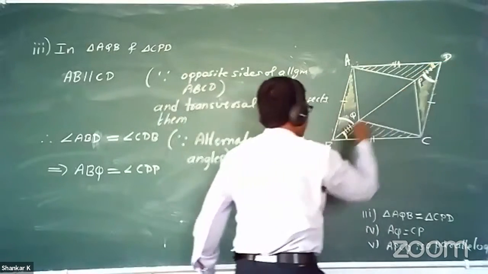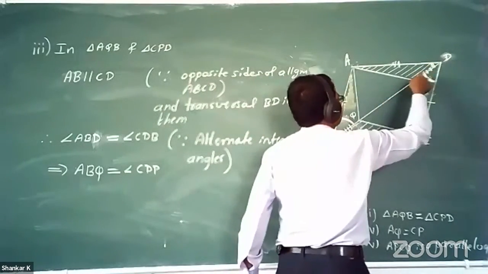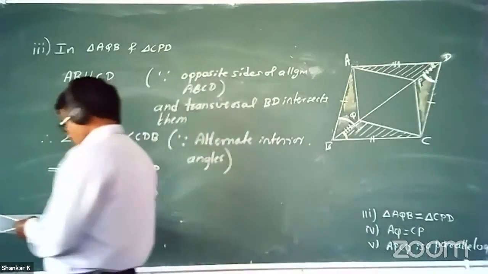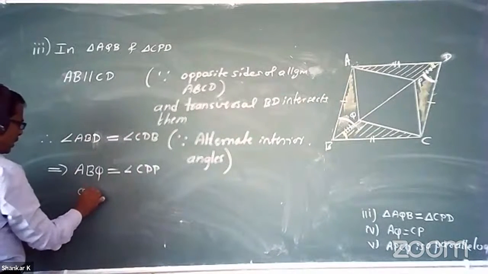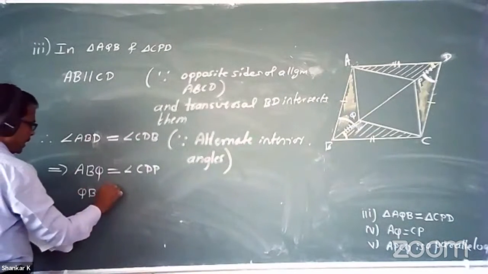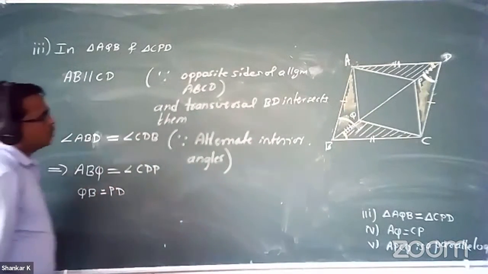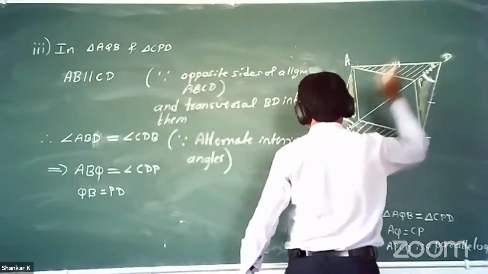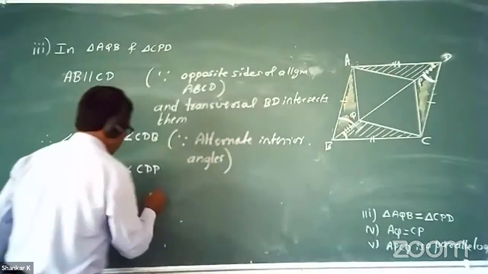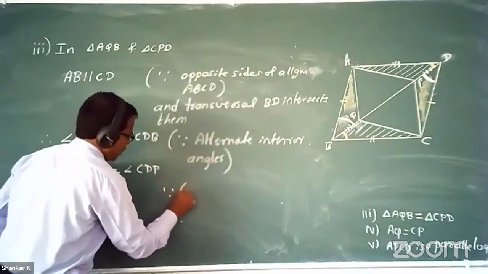This line is DP. DB is same as DP. Okay. Now, QB equal to PD. Where is QB? QB equal to PD. These are equal. Why? Because given.